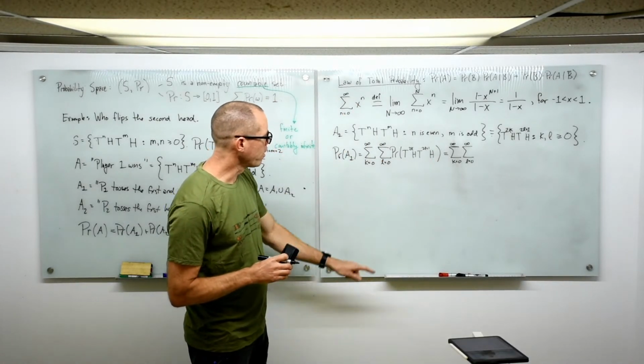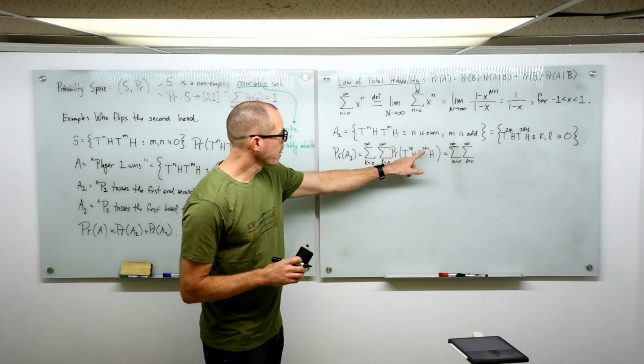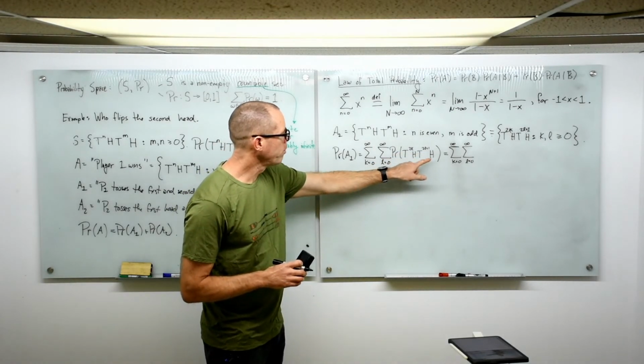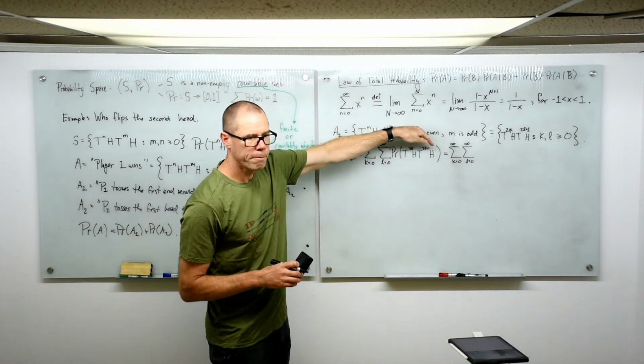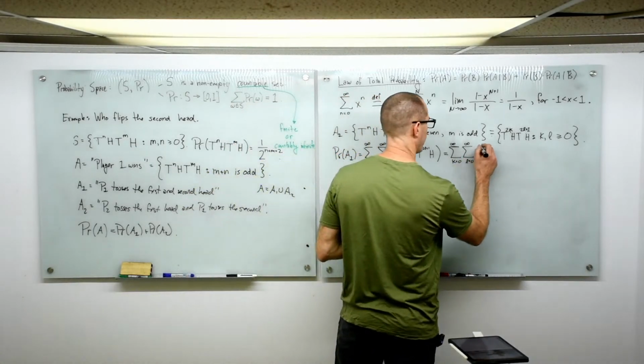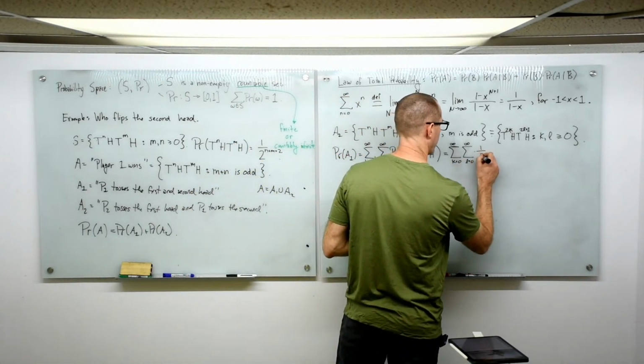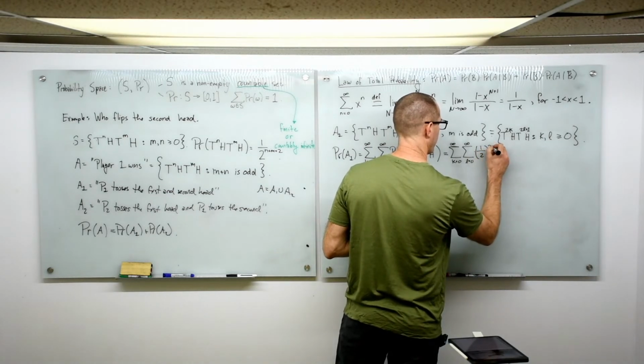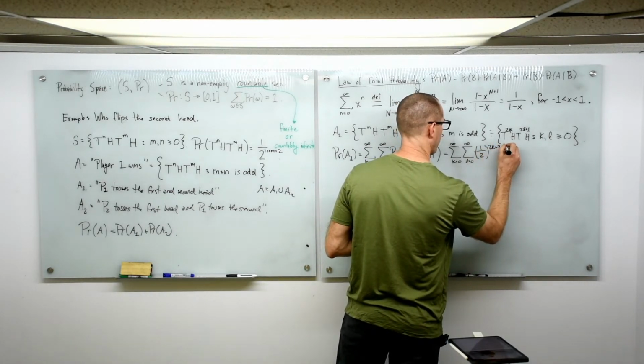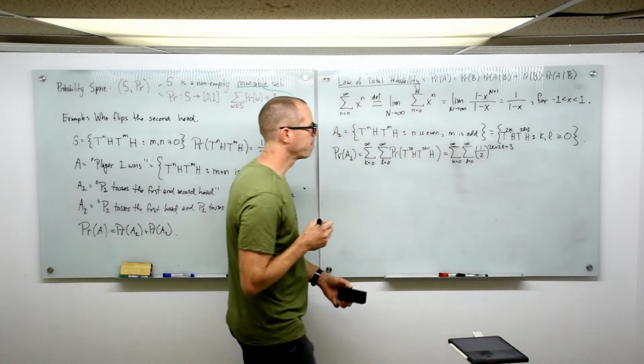How many coin tosses are there? I count 2k plus 2l plus 1 plus 2, plus 3. Okay.